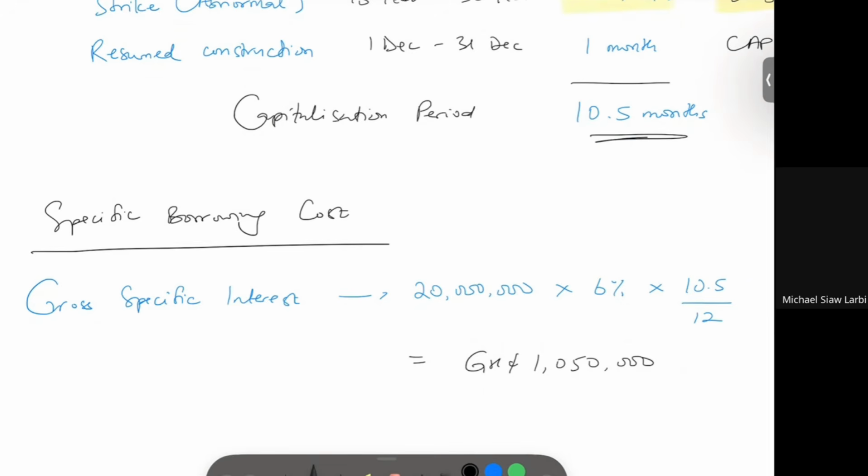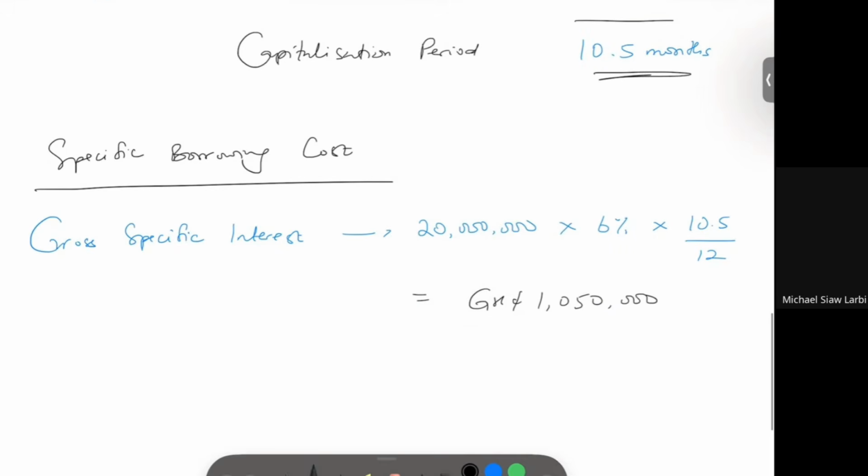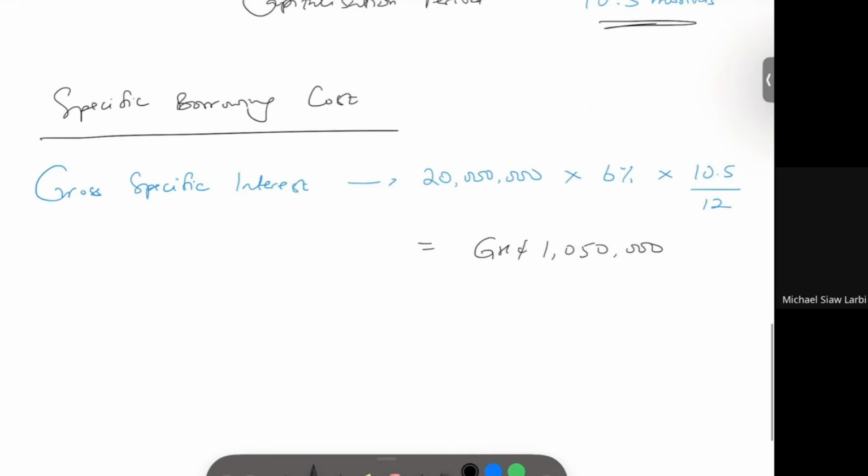But we're told that they did some investment. So we would say, all right, let's go and find out how much would be invested. So we are going to less investment income.